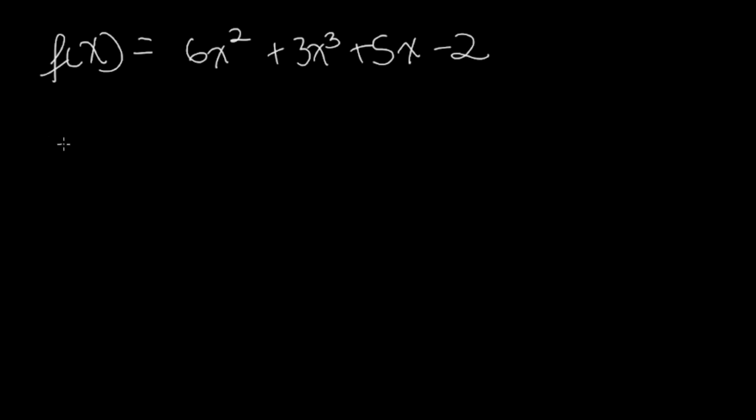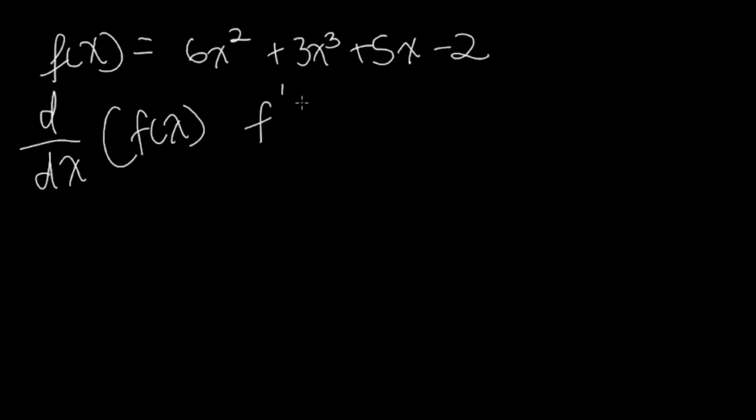Alright, and then they tell us to find the derivative of f of x, or basically f prime of x. What you do in this is merely the same as what we did for the others. We use the same logic. So let me add a bracket over here. Color is important, like so.